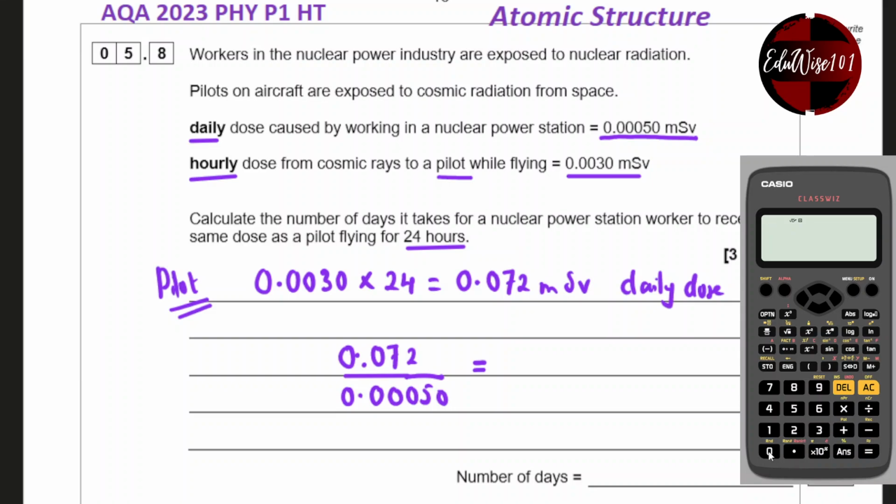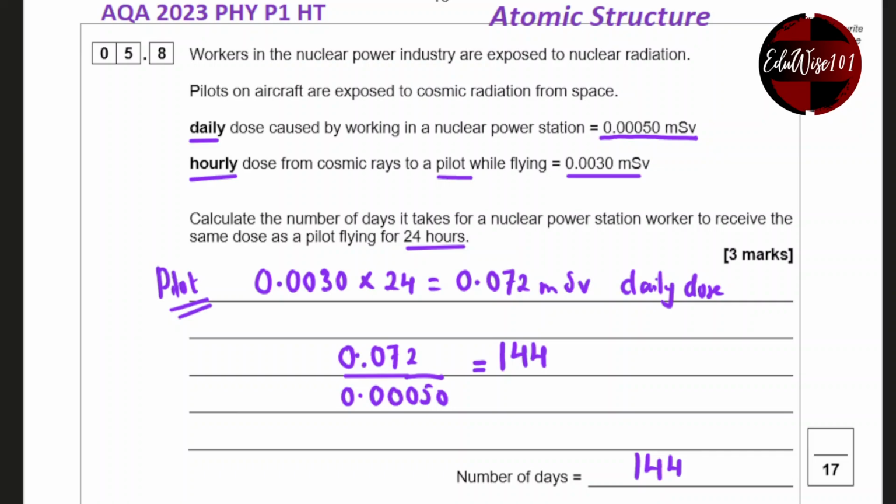So 0.072 divided by 0.0005, that's 144. That's a whole number, 144. That will be 144 days. That brings us to the end of question number 5. I will see you in question number 6.